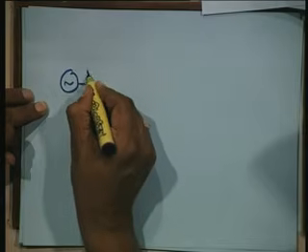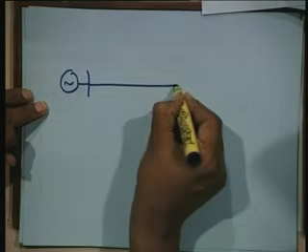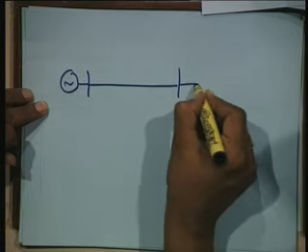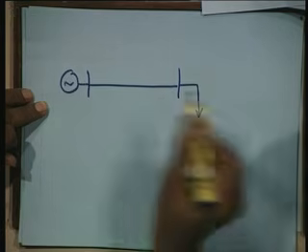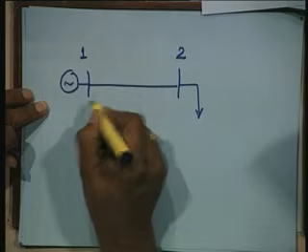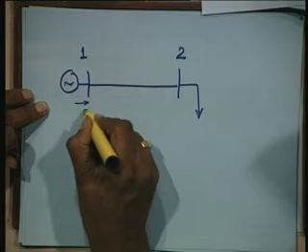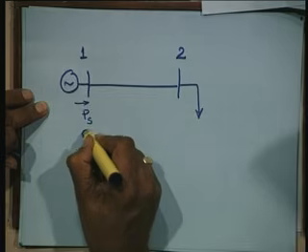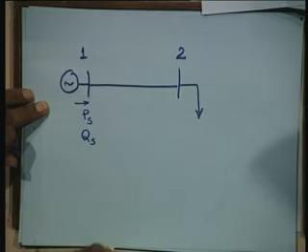This is the generator. This is transmission line. This is load, bus number 1, bus number 2. From here starts PS and QS, sending end real power and sending end reactive power.